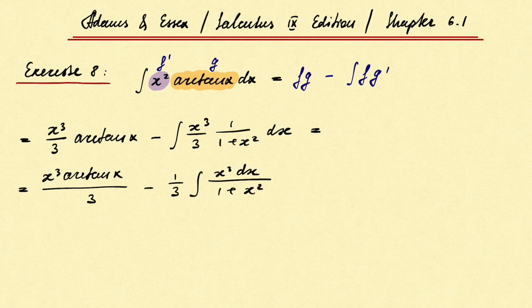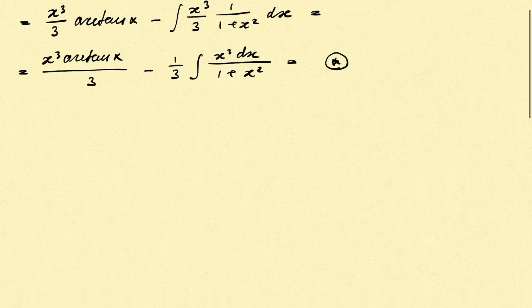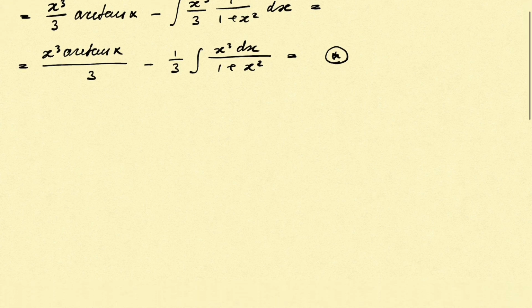Okay, now let's take our time and think on how we can evaluate this integral. Let's evaluate it as a remark, and to not lose the structure, let's write that it's equal to some star, and let's evaluate the following integral.